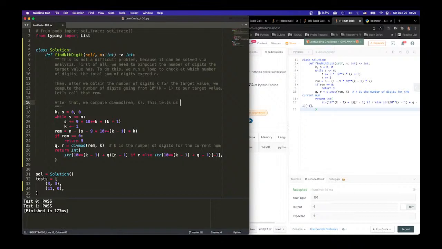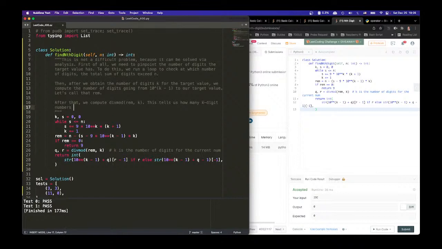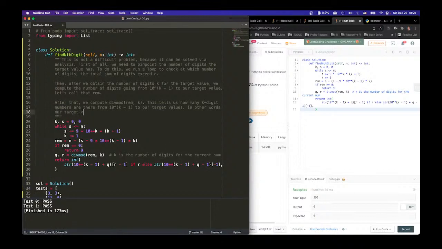This tells us how many k-digit numbers there are from 10 to the k minus 1 to our target value. In other words, our target value is 10 to the k minus 1 plus q.